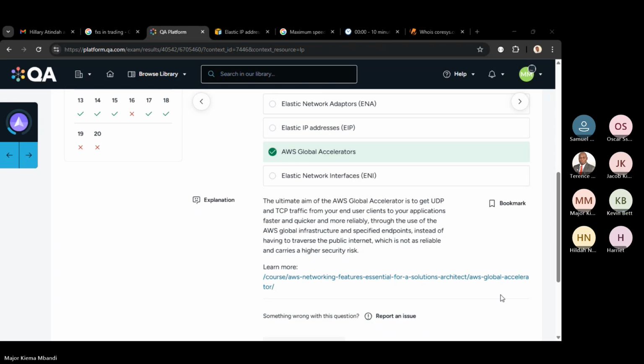This differs from Global Accelerator, where traffic is not getting cached, but you're using the AWS global infrastructure to move the traffic faster, quicker, or reliably between the application, which is seated in South Africa, still on the same example, and the same user who is accessing the data from the US. So it makes it quicker by using the AWS global infrastructure, but not caching the traffic.